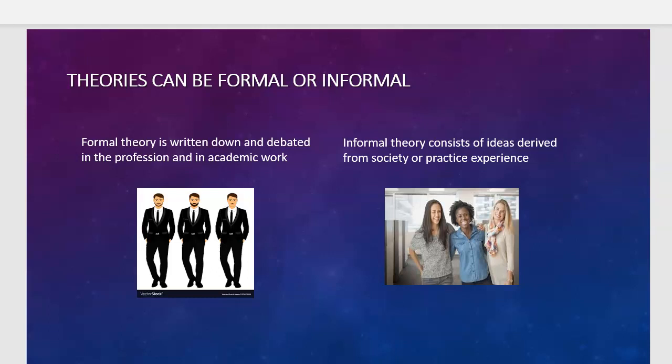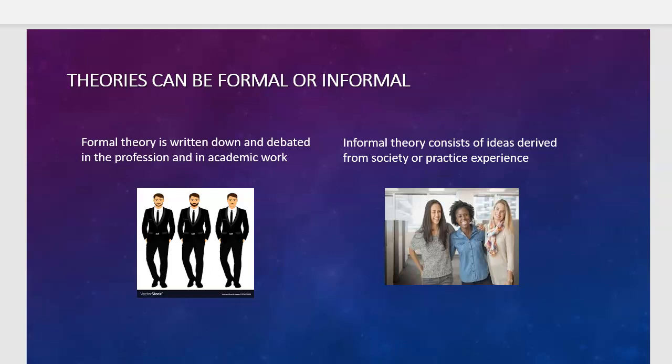Payne identifies two types of theories. One is a formal theory that is written down, debated, researched in the profession, as well as in academia. And the image I chose are three white men, buttoned down, looking very formal. And in fact, the theories that we're going to be discussing in this course and that you're going to be reading about are formal theories.